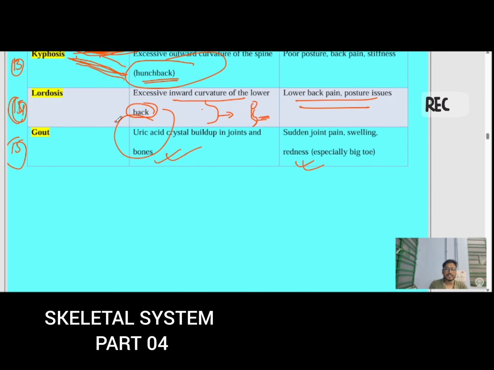Gout means uric acid and crystal buildup in the joints and bones. You have to know this.